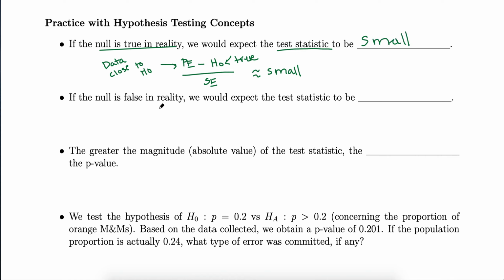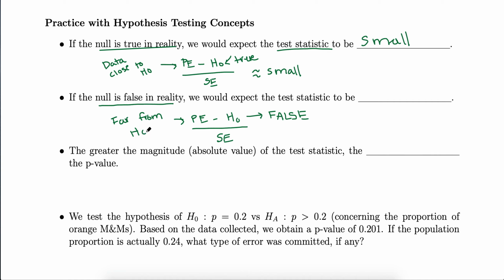On the other hand, if the null is false in reality, so this time our null is false, it does not represent the underlying reality of the situation, then when we go collect our data and find our point estimate, our data should be far from the null.